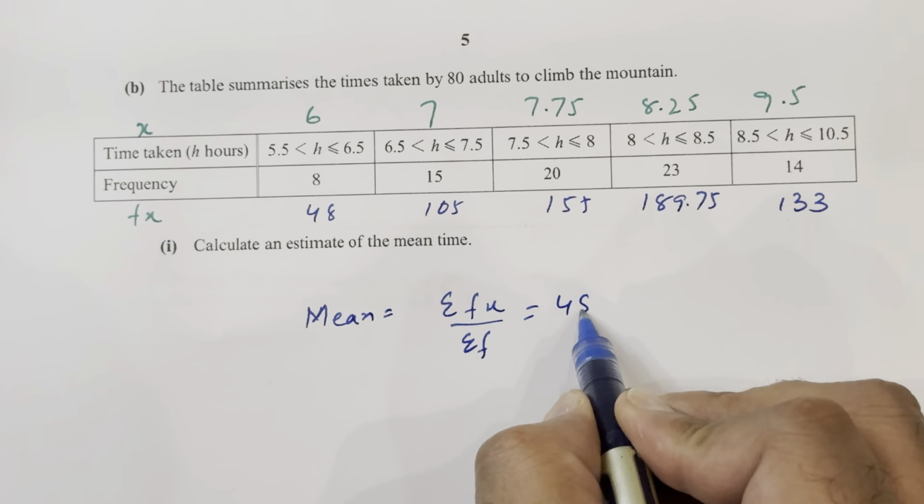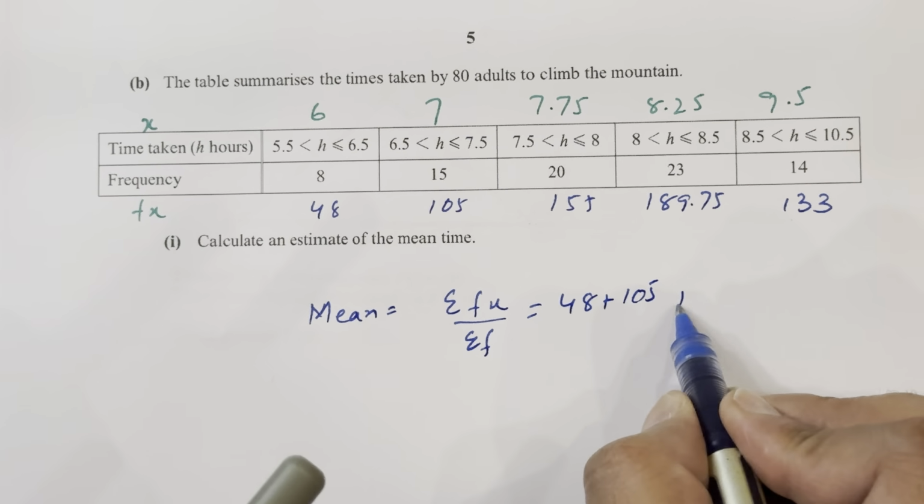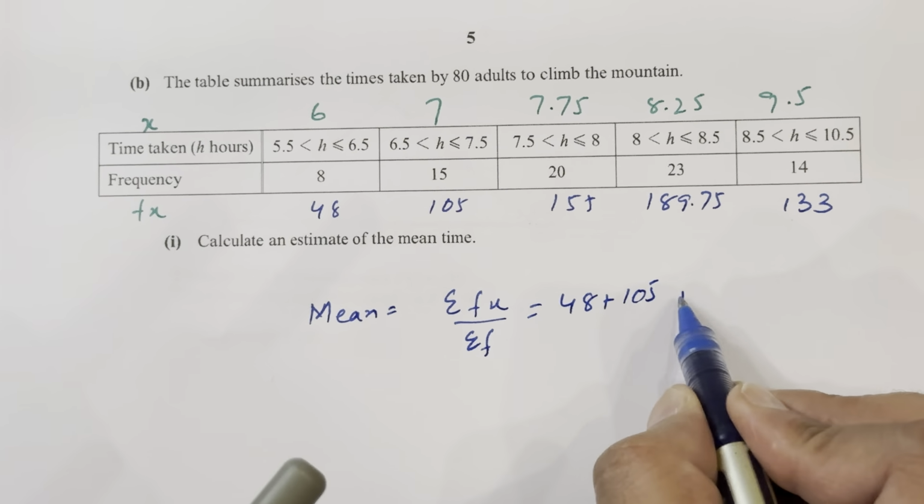So 48 plus 105 plus 155 plus 189.75 plus 133, and divided by summation of f, and we have the value for the 80 adults, so dividing by 80 we get the answer that is equal to 7.88. So our answer would be 7.88 hours.